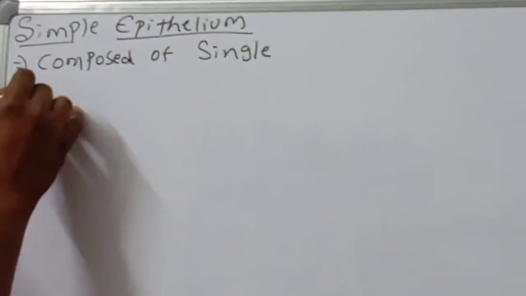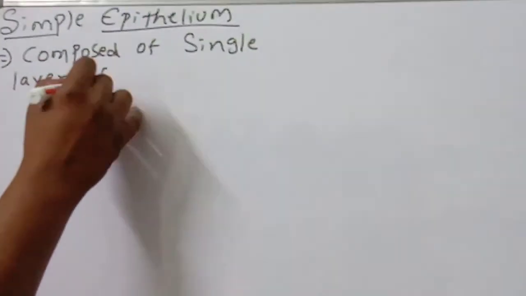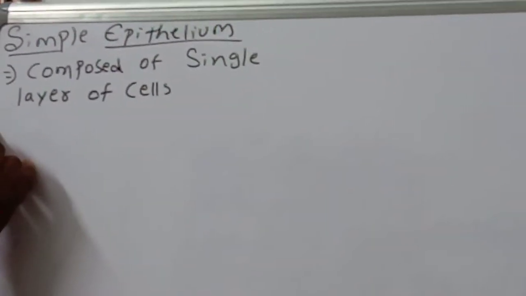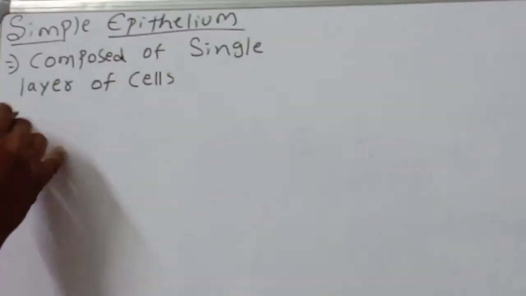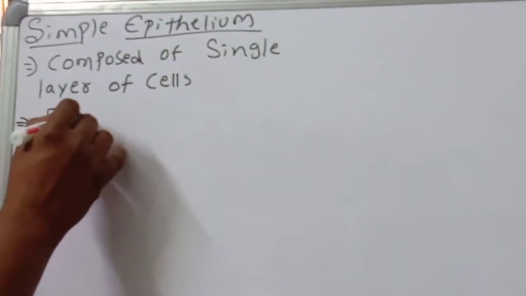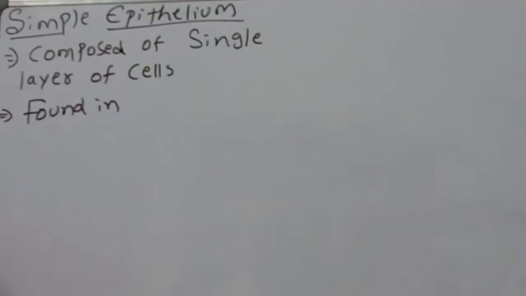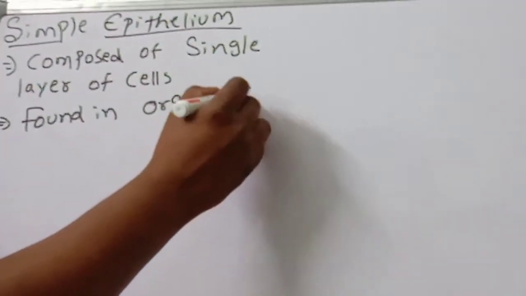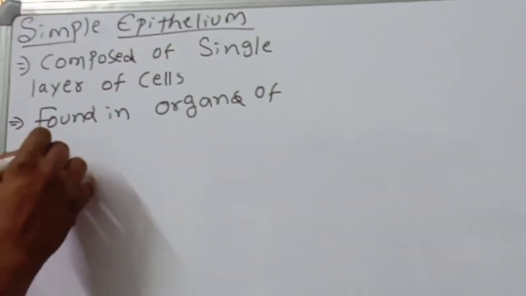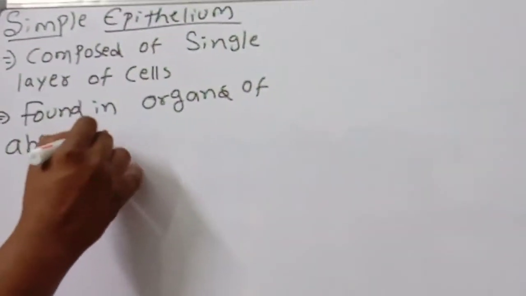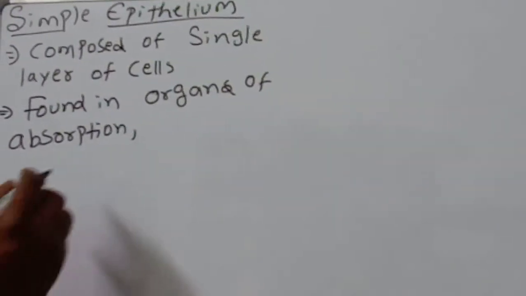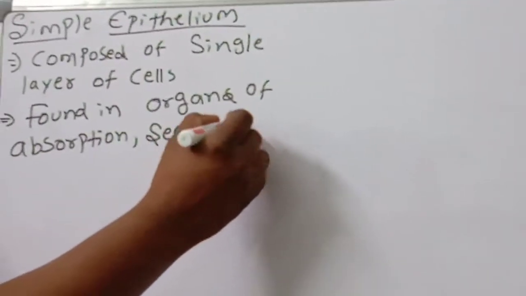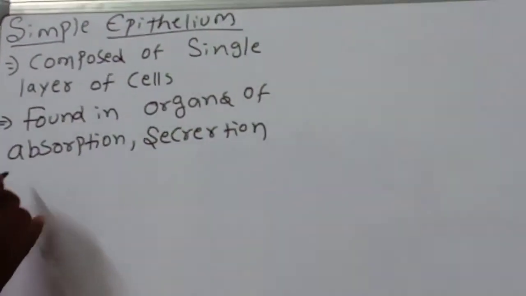Single layer of cells. First point, they are found in organs of absorption, secretion and filtration.